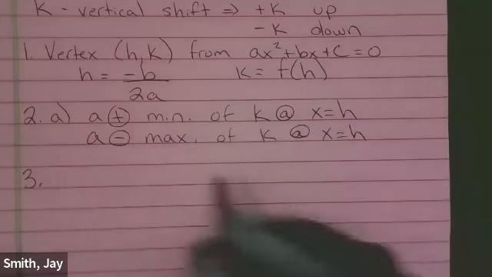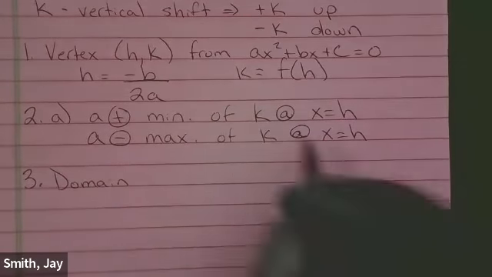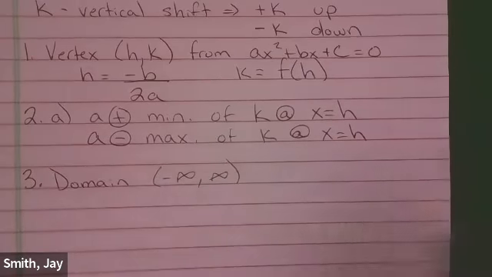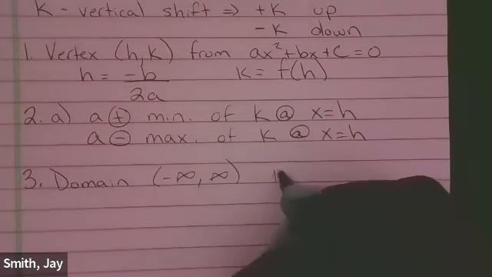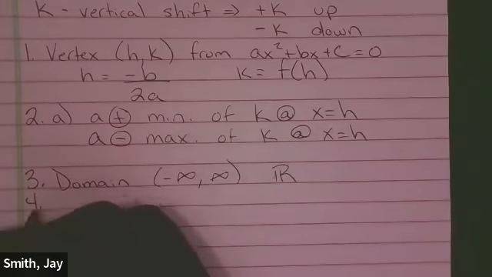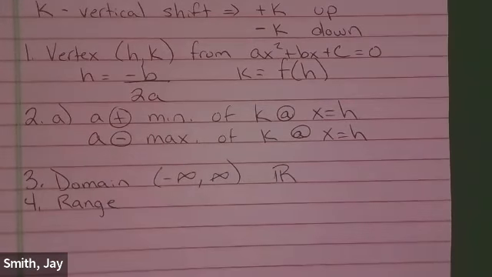Next thing we need to go over is the domain for our parabolas. Now, for the domain, when we're dealing with quadratic graphs or parabolas, it's always negative infinity to infinity, or the entire real number system. Well, our range is going to be affected by whether our parabola opens up or opens down.